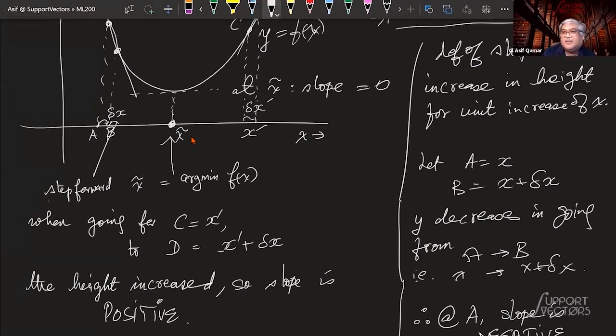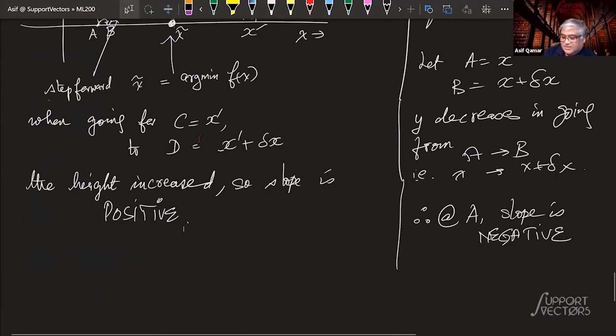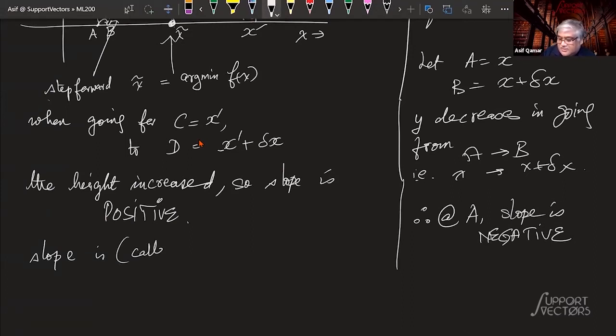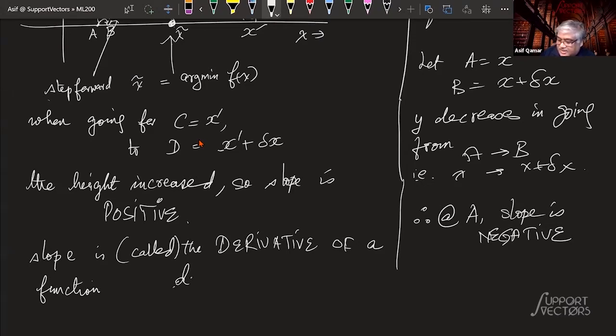Slope is also called the derivative of a function. It is usually written as df(x)/dx or dy/dx.